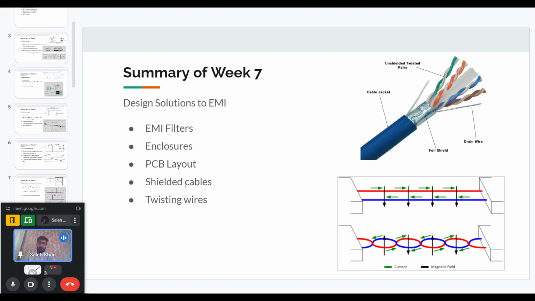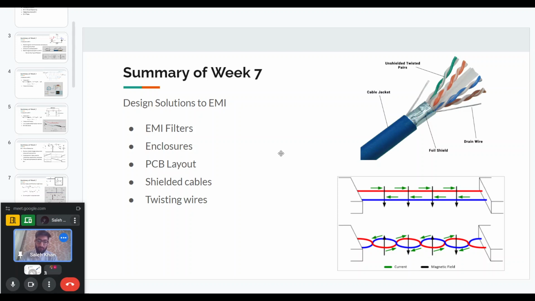Next, we can have shielded cables. Just like the enclosure will limit the noise that can come into or go out of the converter, shielded cables will limit the noise that can come out or come into the cable. This is usually done in communication lines. You will see that they have the actual conductor, and then a shield across it.